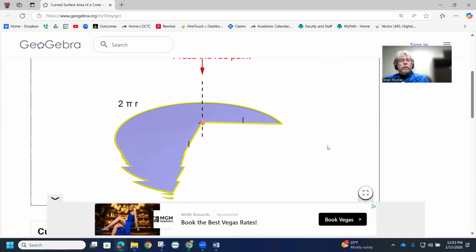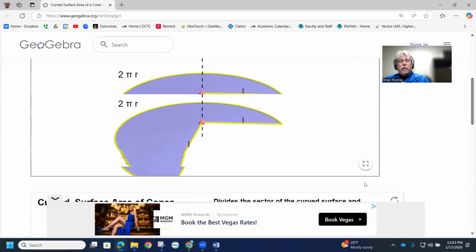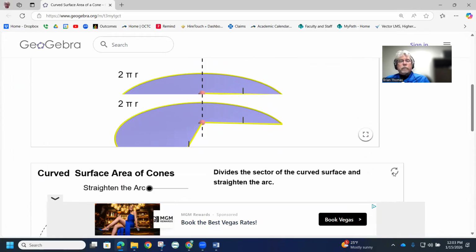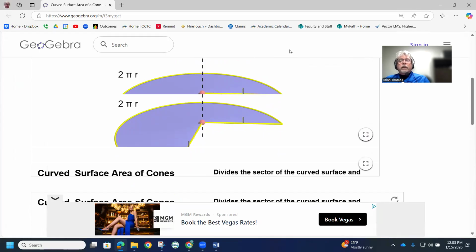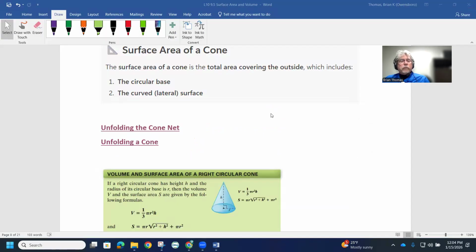Let's see if it will let us reset this thing. Let's reset that, but not that. So let me close this out real quick one more time. So unfolding the code, I think it's this one here again.